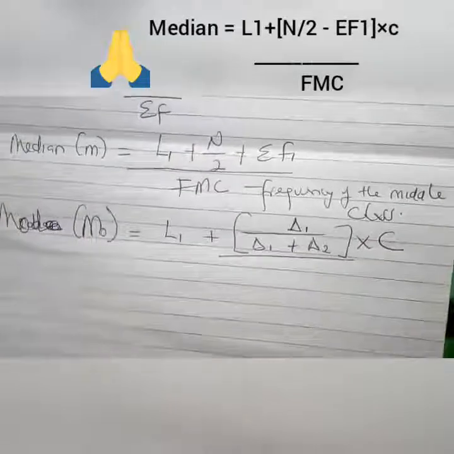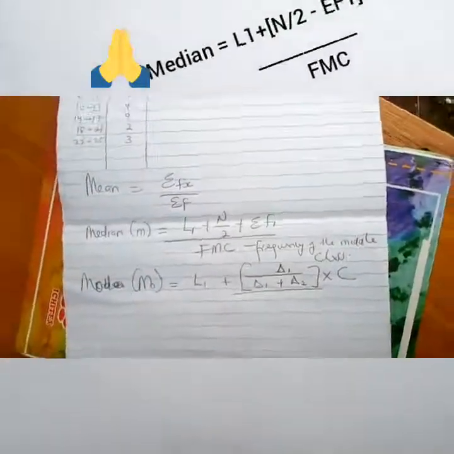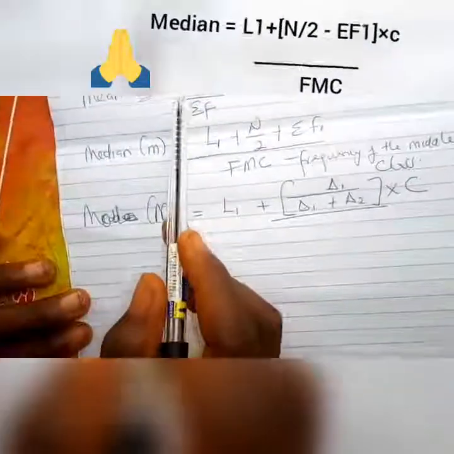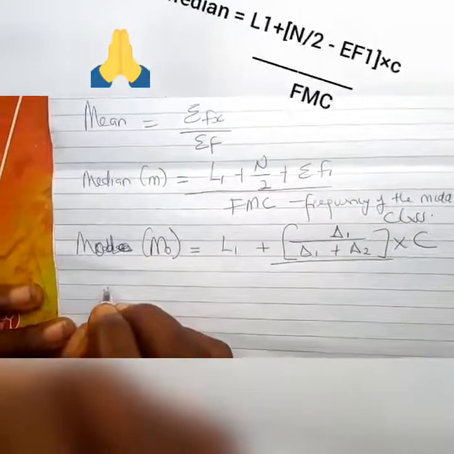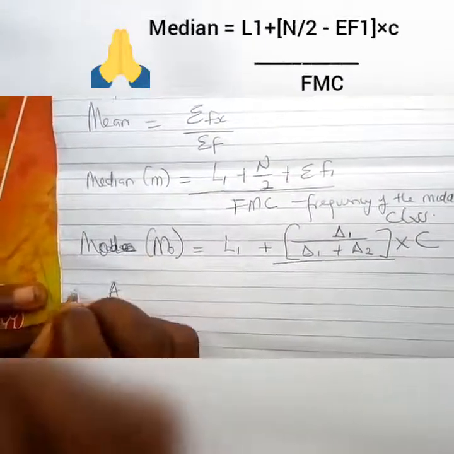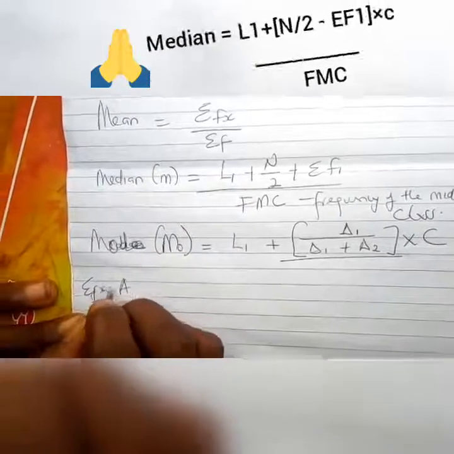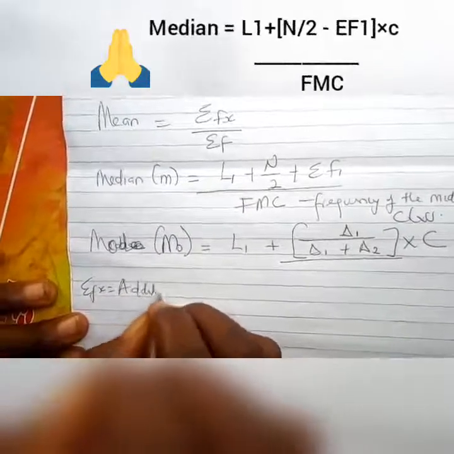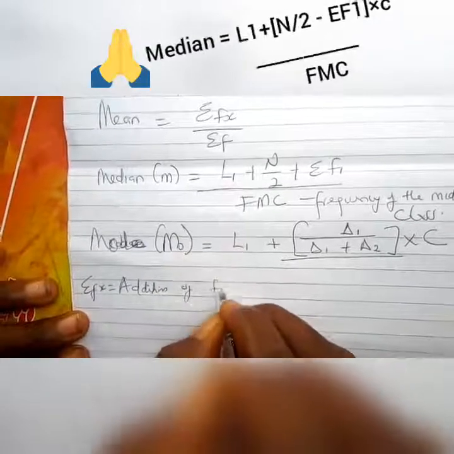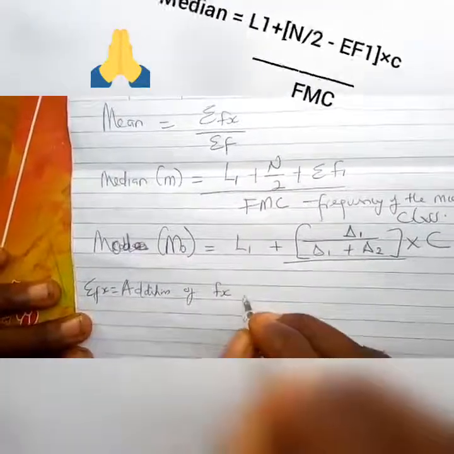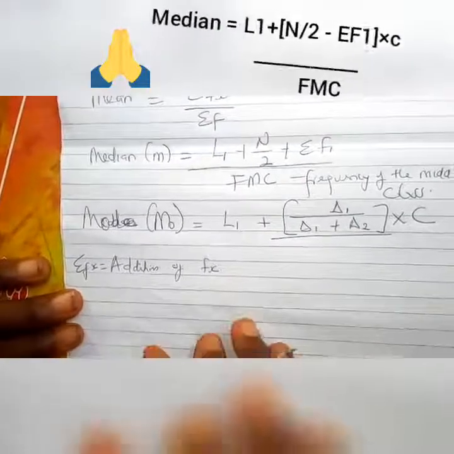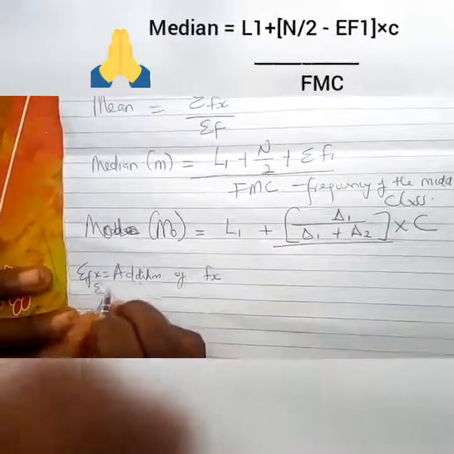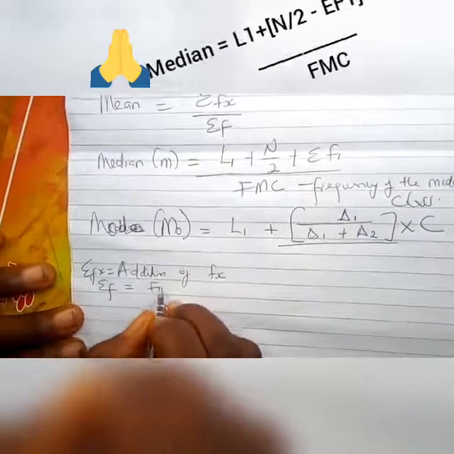But let me just give you the full meaning of all these formulas. Summation fx, that is the addition of fx, like all the data present in your fx column, which you are going to create very soon, over summation f, which is your frequency.